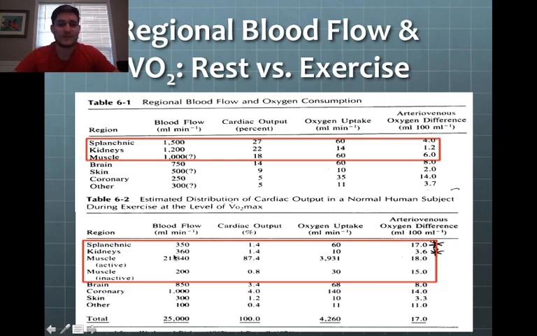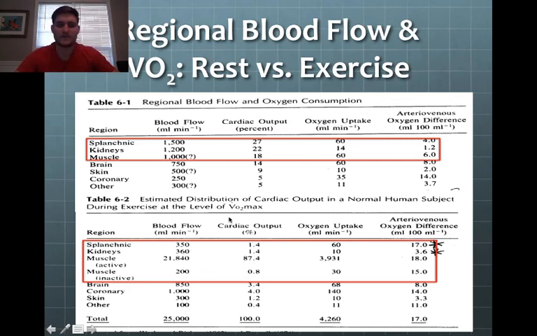But the problem is that during exercise, due to sympathetic vasoconstriction, their blood flow is going to be significantly reduced. And here you see that the amount of blood flow that the splanchnic circulation is getting is roughly a fifth or a quarter of what it was receiving at rest, and very similar reduction in blood flow for the kidneys. And all of that blood flow, where is it going, right? It's going to that skeletal muscle.